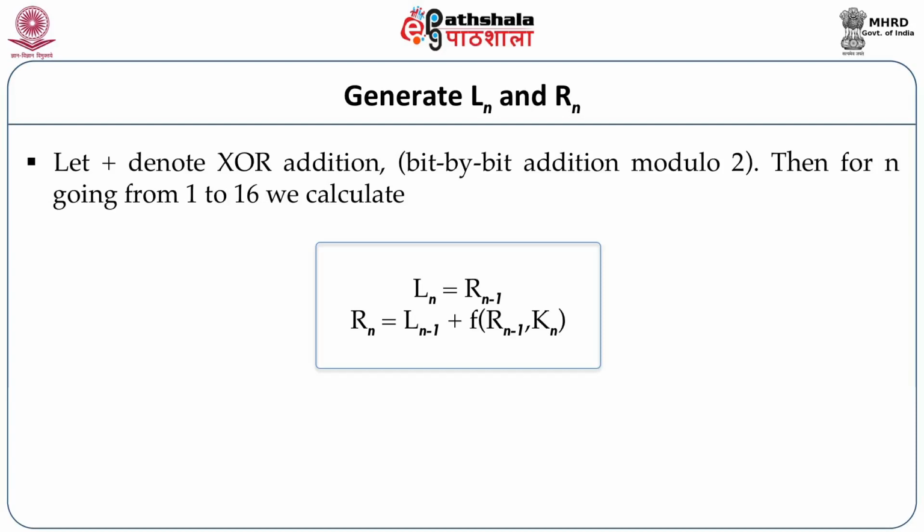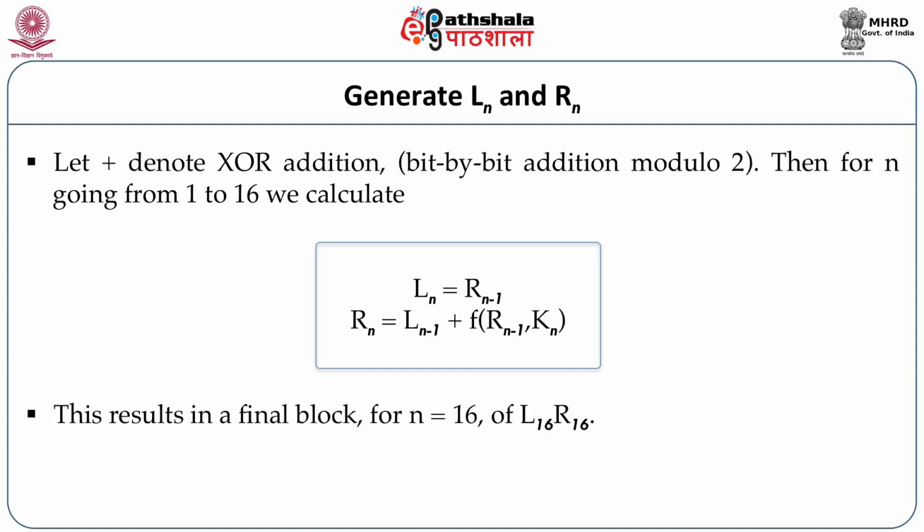And if we want to generate the right half of the next round, we take the left half of the previous round, plus we apply the function on the right half and the key. The right half and left half for the current round should be built from the previous ones.